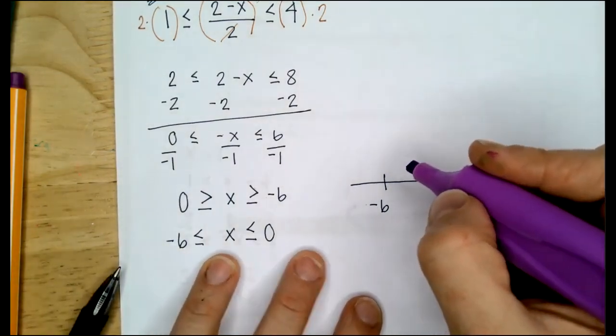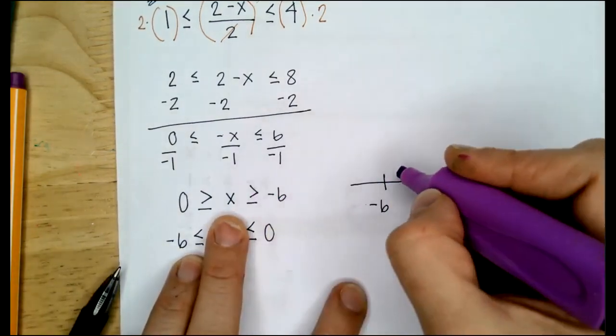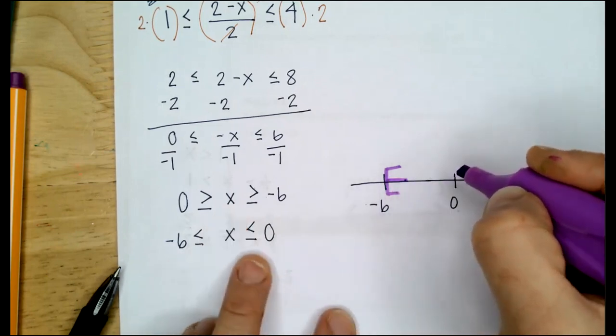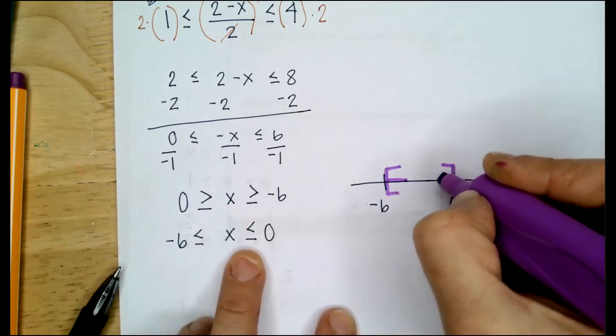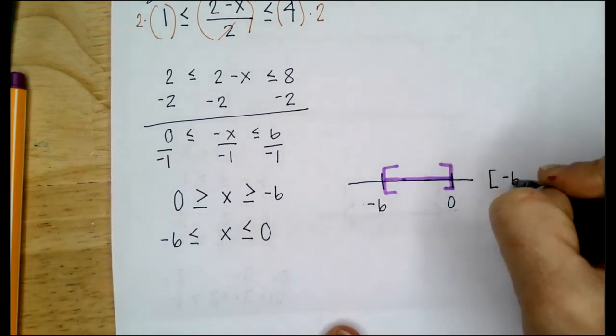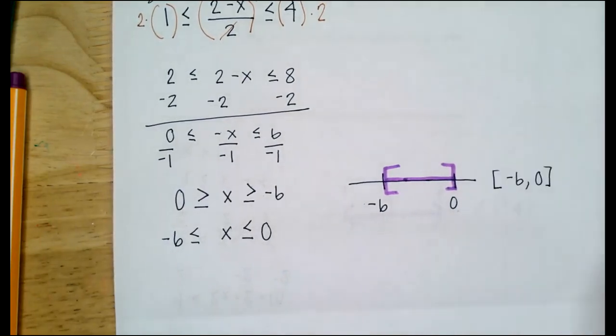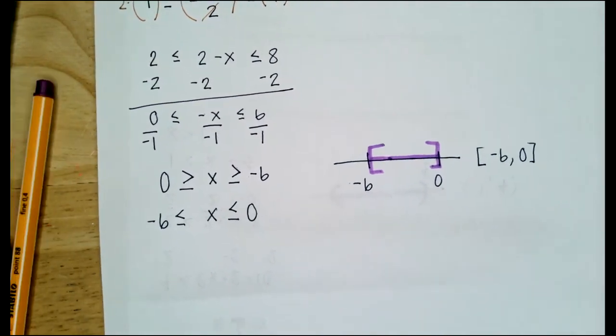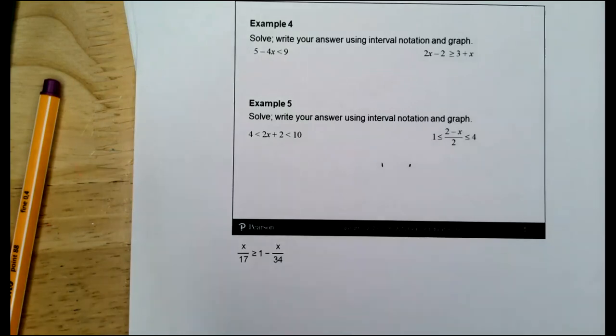So x is greater than or equal to negative 6, and x is less than or equal to 0. So my interval notation will be negative 6 to 0. Good. All right.